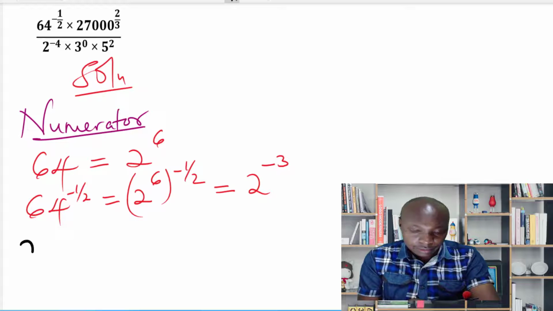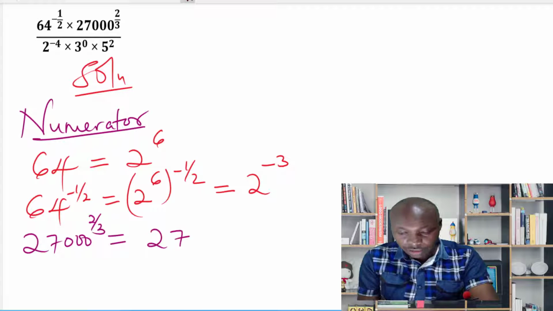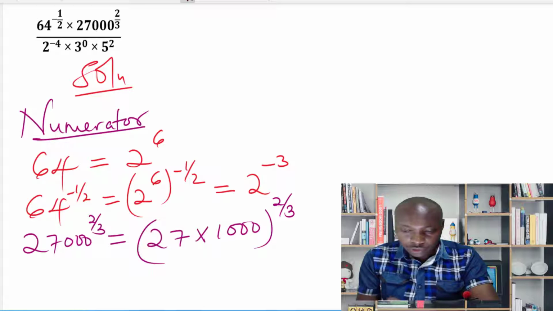The other one is 27,000 raised to power 2/3. We can split 27,000 as 27 multiplied by 1,000, and then we raise everything to power 2/3.